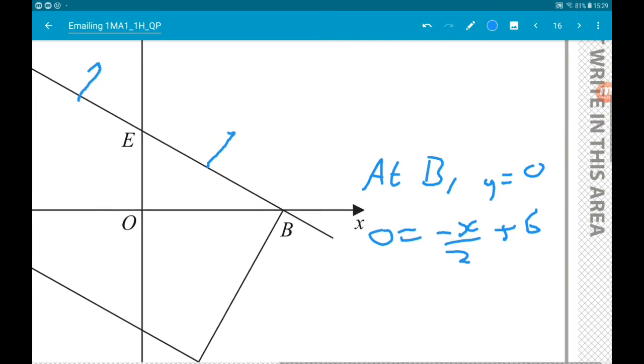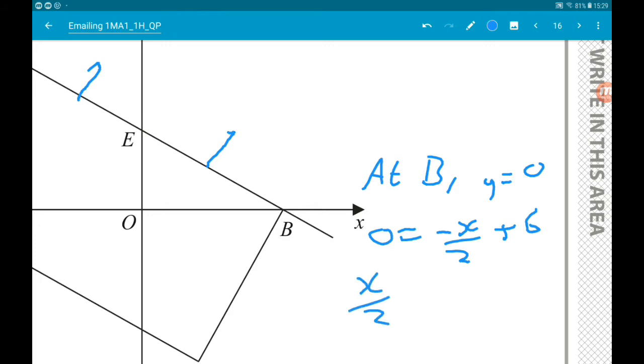So if we add x over 2, x over 2 is equal to 6. So x is equal to 12. So the coordinates at B are 12, 0.